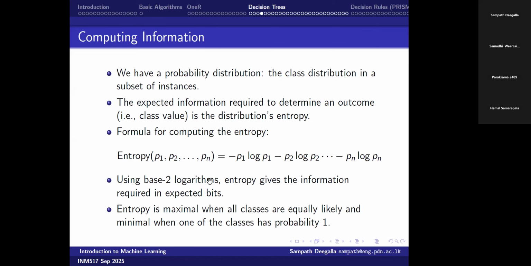And what we are trying to do here is find the maximum entropy. Entropy is maximum when the classes are equally likely, but entropy is minimum when you have just one class, right?